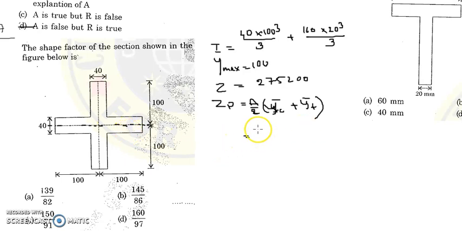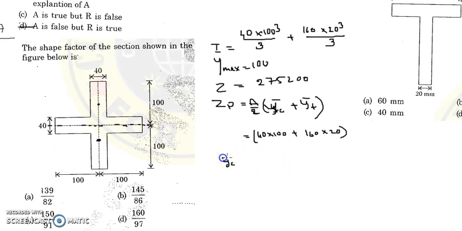So area by 2, it is 40 into 100, okay, plus 160 multiplied by 20. And what is yc bar? Now yc bar and yt bar will be same, because in a symmetrical section they are going to be the same on both sides. So this is what you need to calculate.